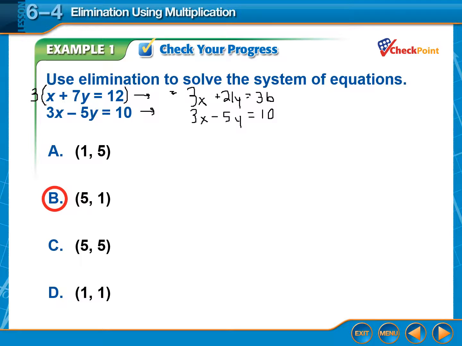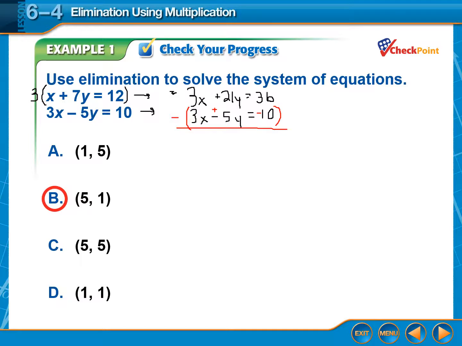So now once I see that the x terms in both of my equations have a coefficient of 3, I'm going to subtract the second equation from the first one. And remember, what subtraction does is it makes each term the opposite. So we're doing 3x minus 3x, 21y minus negative 5y, which would actually make that positive, and then 36 minus 10.